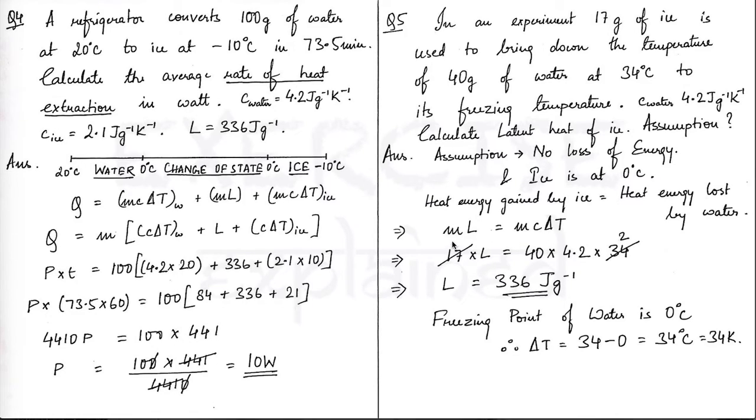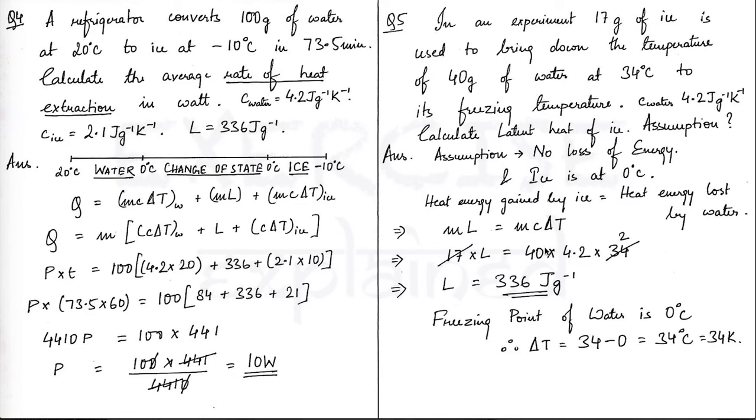So I just substitute mass of ice is given as 17 into L. I keep it as L only because we need to find the value of L, is equal to mass of water is 40 into specific heat capacity is 4.2 into 34 is delta T, so that is change in temperature is 34.